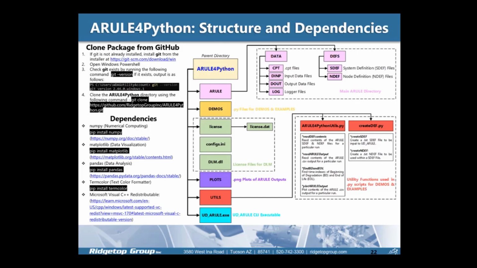There are a couple of other files below for licensing, and then you also have the output plots directory where all your ARULE output plots are stored, and a couple of other utilities to do work within the ARULE API, and then finally your UD-ARULE executable.